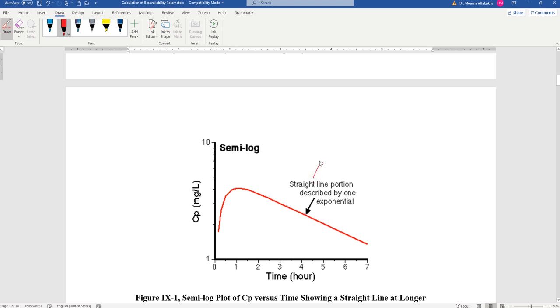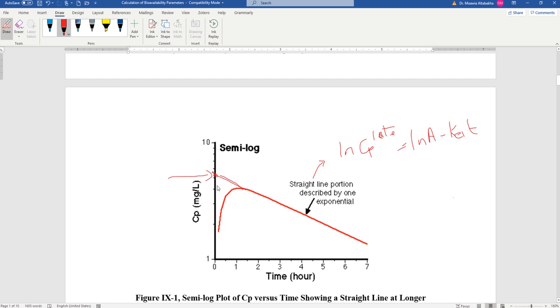Now if we ask Mustafa, for example, which equation governs this straight line, he will tell me it's this equation: ln Cp late is equal to ln A minus KEL t. It means that if he extrapolates here, he will read this point as A. If I ask what the intercept is, it's ln of this point, because we are talking here about a logarithmic axis.